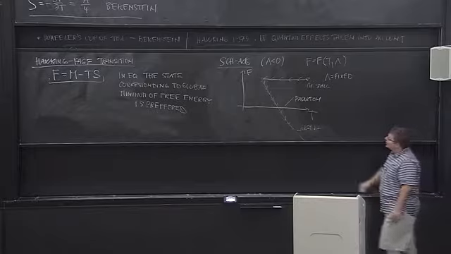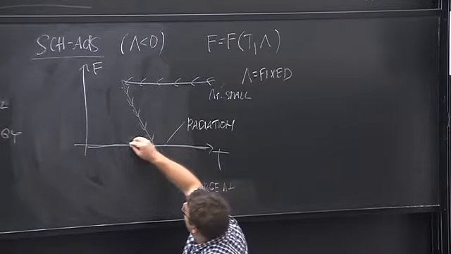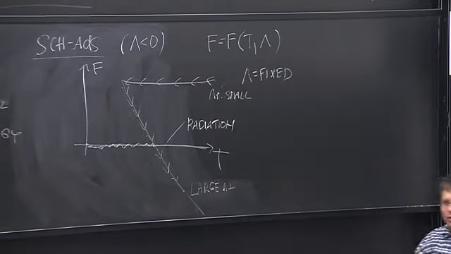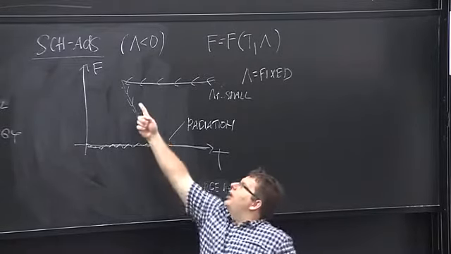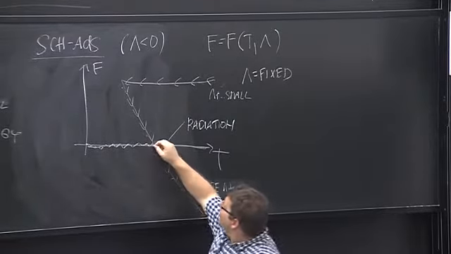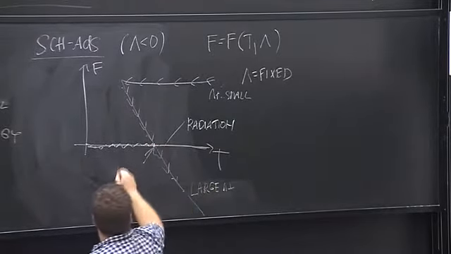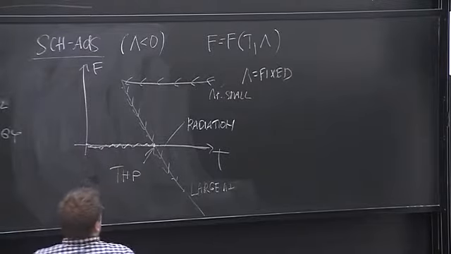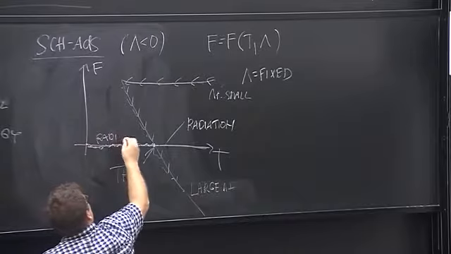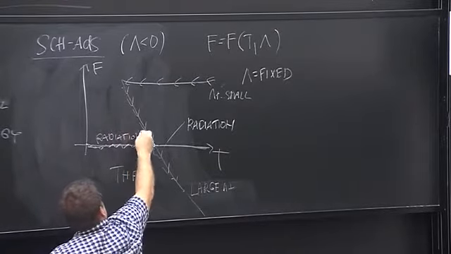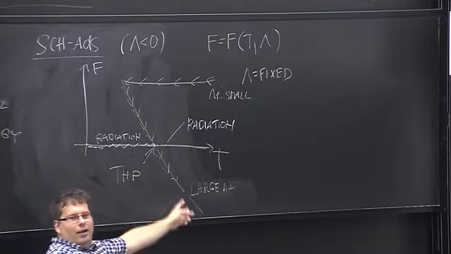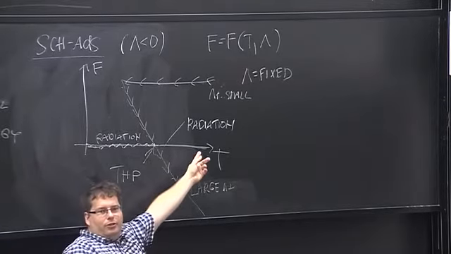So now you see that all the way up to here, the radiation has lower free energy than both types of black holes. Well, this one here and that one here. So all the way up to this temperature here, which is called T Hawking-Page, the radiation is winning, has lower free energy. But at this temperature, you see that this thing has lower free energy than the radiation.